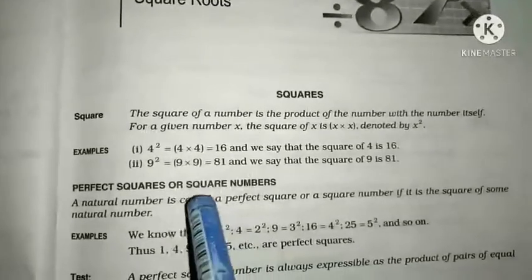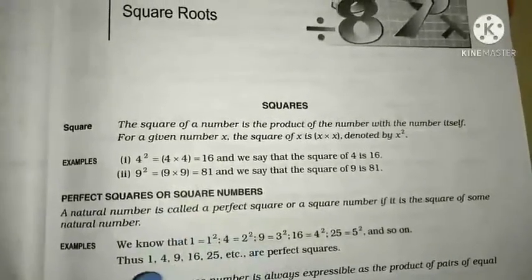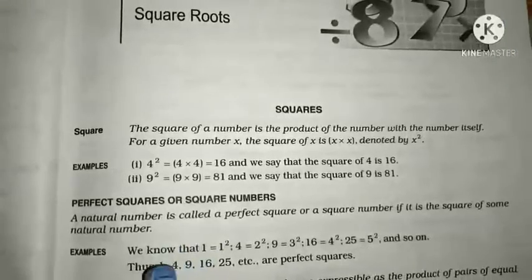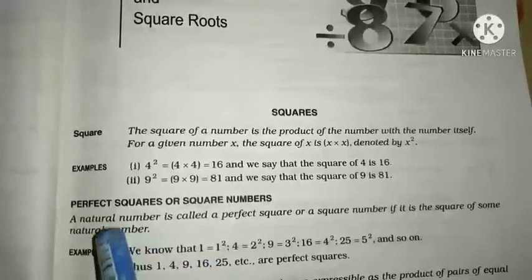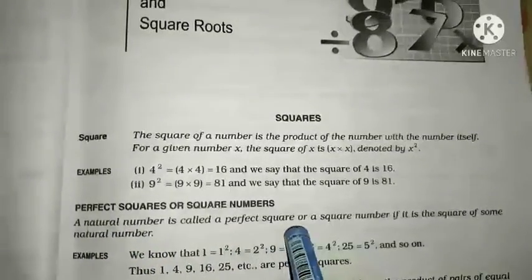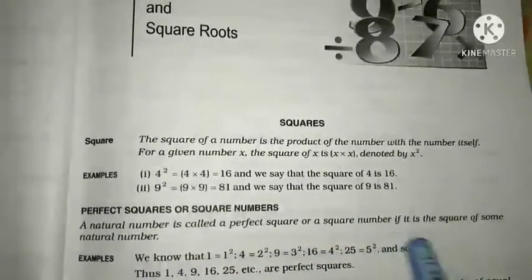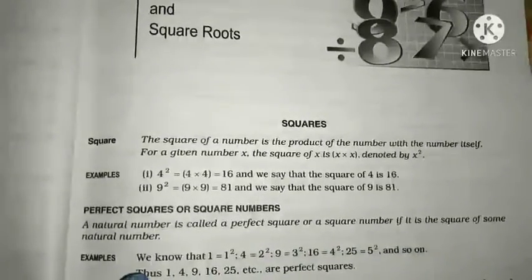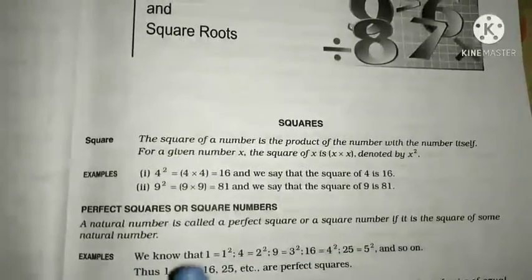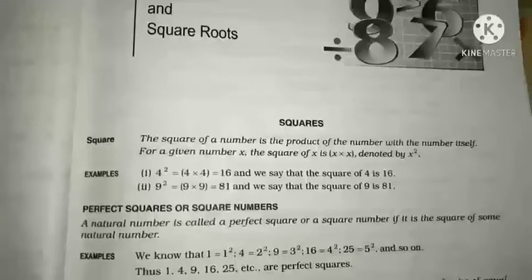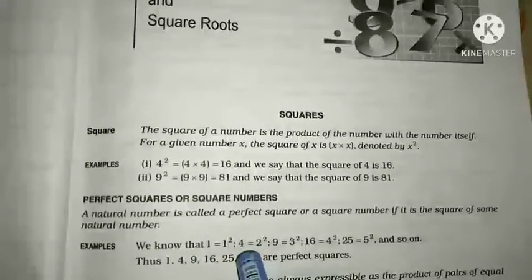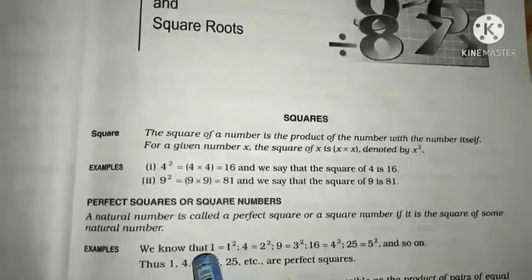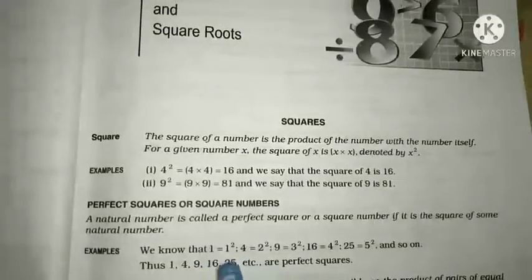Now the next thing is perfect square or a square number. A square number is also called a perfect square. We define a square number as any natural number which is the square of some natural number. Suppose the square of 1 is 1 only, so 1 is also a perfect square.